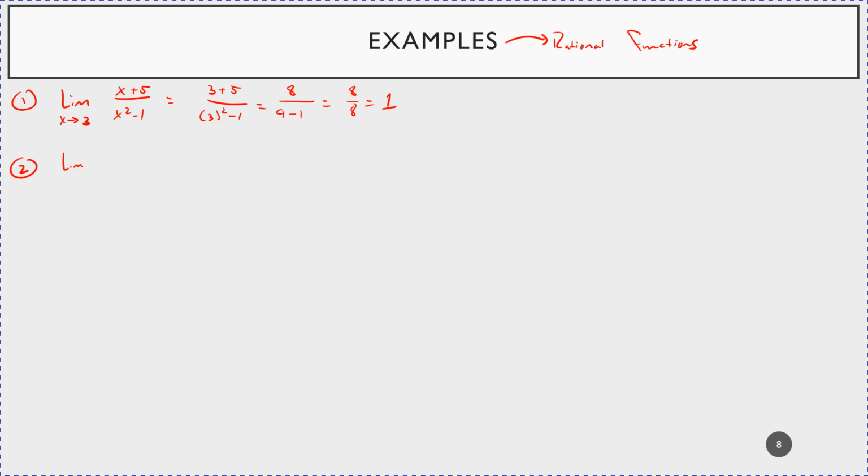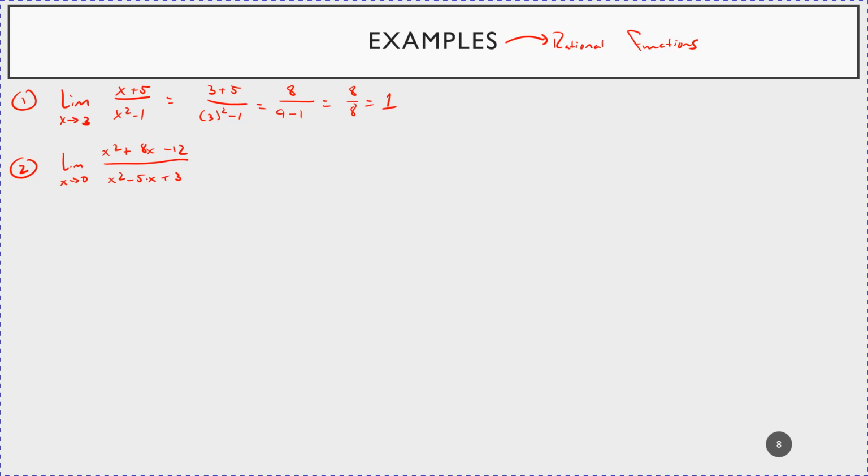Let's look at this one. The limit as x goes to 0 of x squared plus 8x minus 12 all over x squared minus 5x plus 3. Well, look, you can plug 0 in, as long as it doesn't make the denominator equal 0, which is absolutely the case.